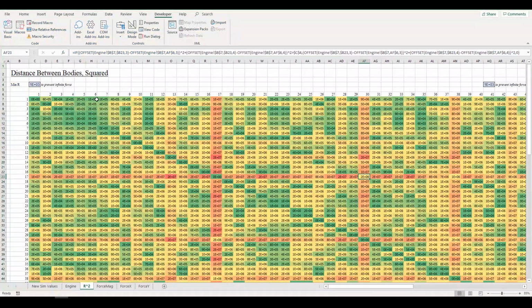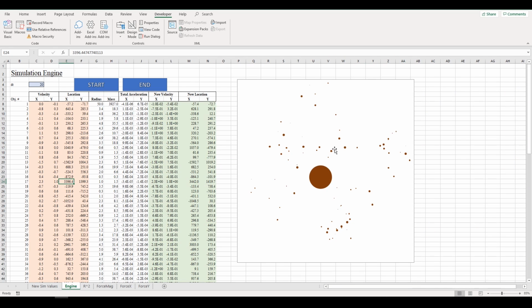So for each body in our calculation, say these two bodies over here, this one is being attracted to this body in this direction, and this one is being attracted to this body in this direction. So we've got to make sure the force we're applying to each of these objects has the right direction in the x and y components. That's how I've broken it out here.